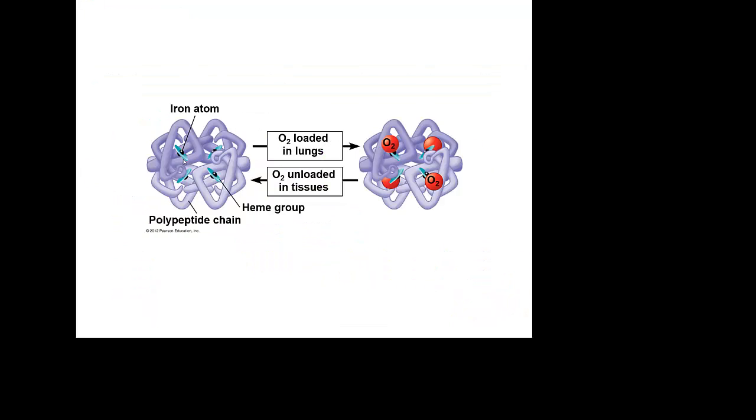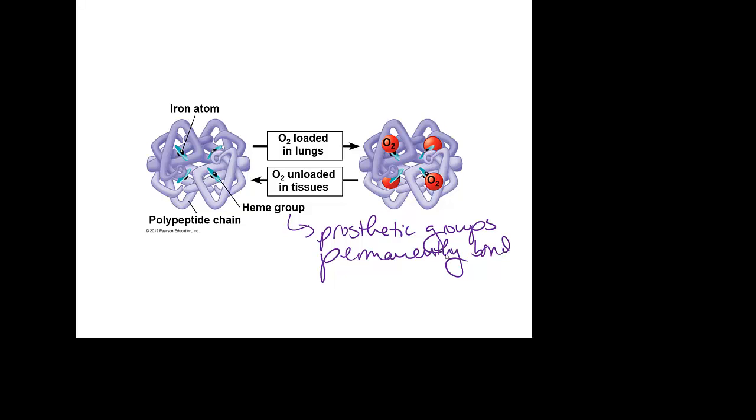So we see these heme groups. When we talked about enzymes, we called these prosthetic groups that are going to be permanently bound, okay, to this protein. It's an enzyme, right? Its job is to carry oxygen around your body.